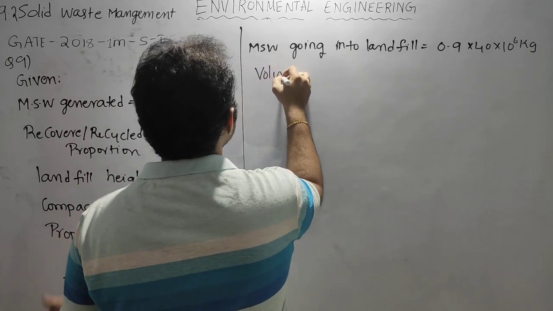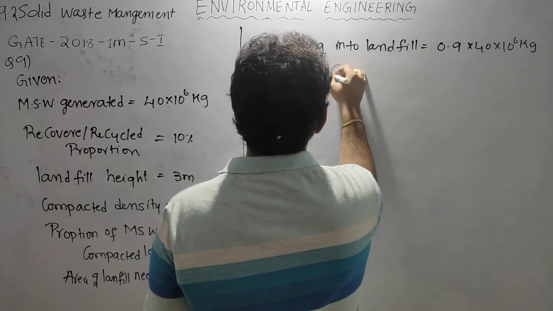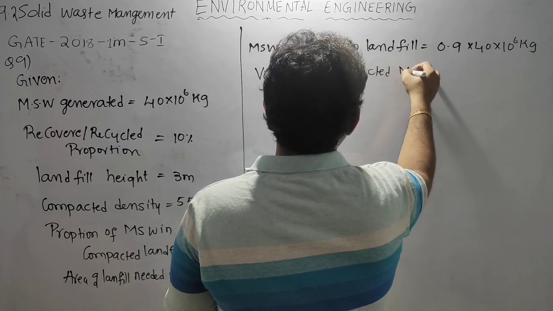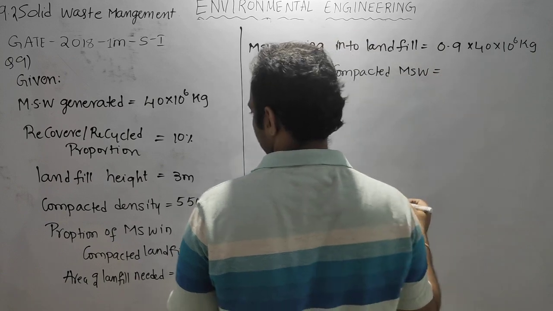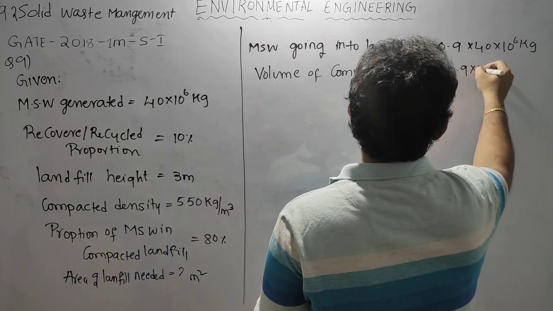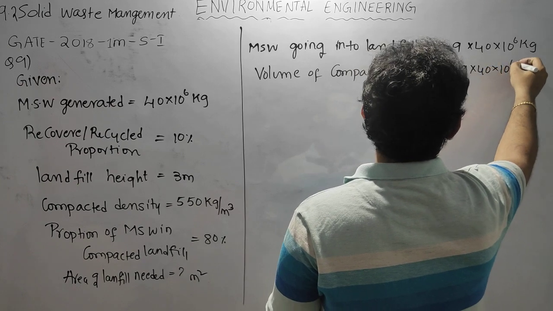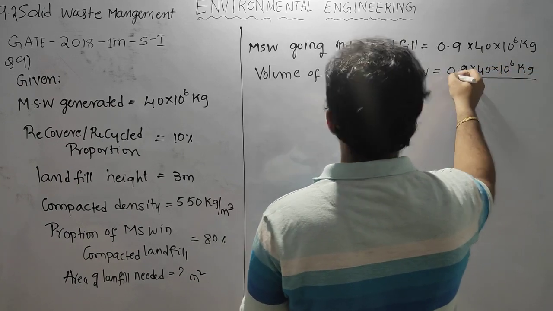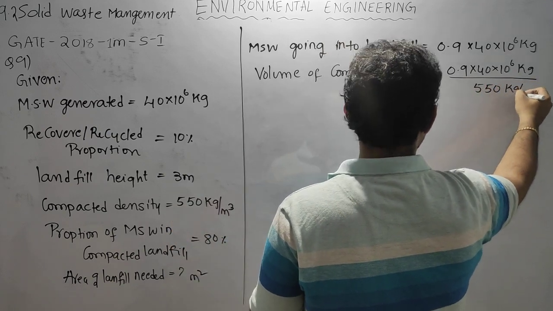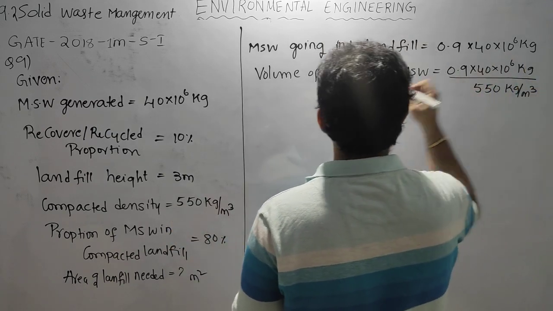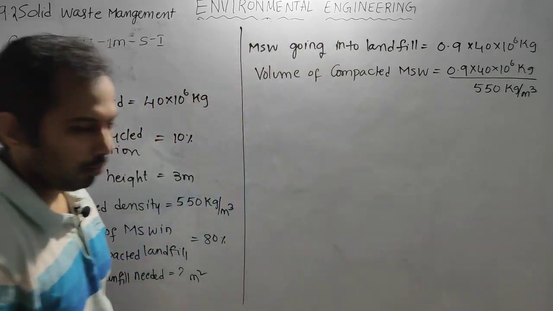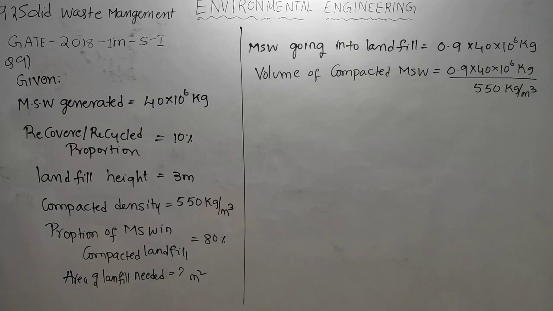So volume of compacted MSW is equal to 0.9 into 40 into 10 to the power of 6 kg by the density, that is 550 kg per meter cube. Now we will get the volume of the compacted MSW.